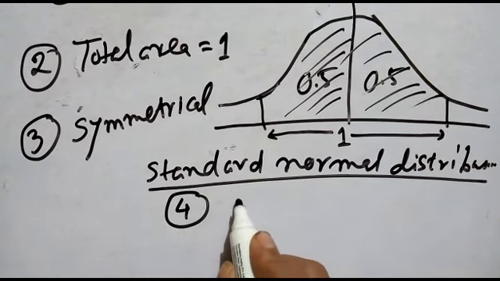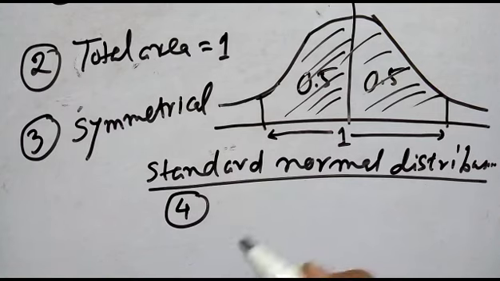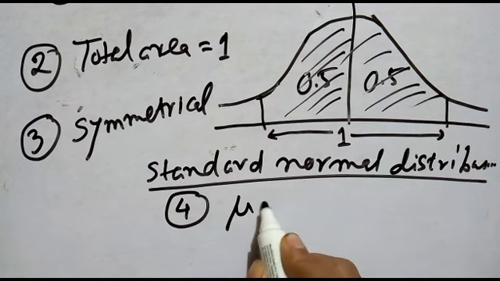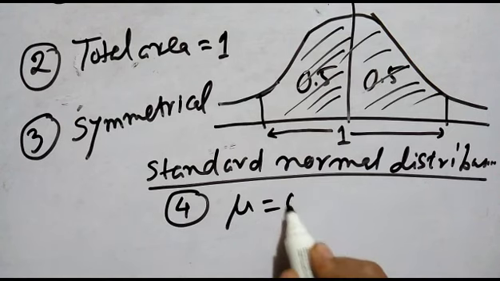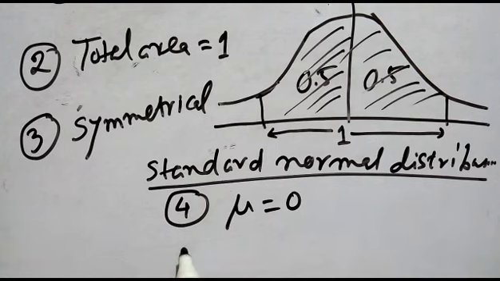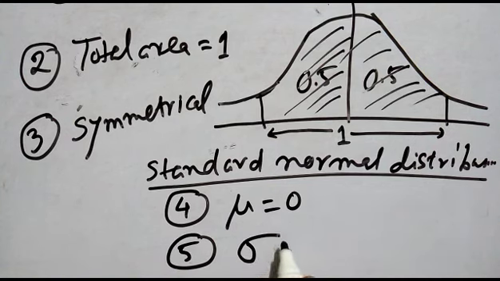It has a population mean, which I symbolize as mu, equal to 0, and the standard deviation of the population, symbolized as the Greek letter sigma, equal to 1.